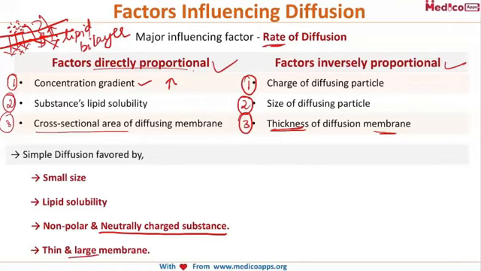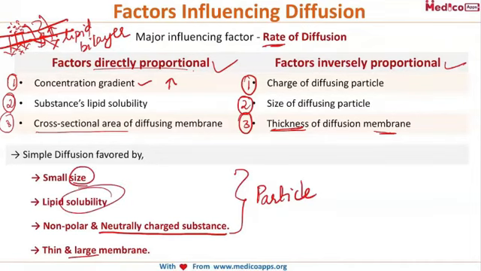Small size of the particle, these are the properties of the diffusing particle. What is it? The size, lipid solubility, and charge, mostly neutral or non-polar. Of course, the membrane should be thin and of large surface area.